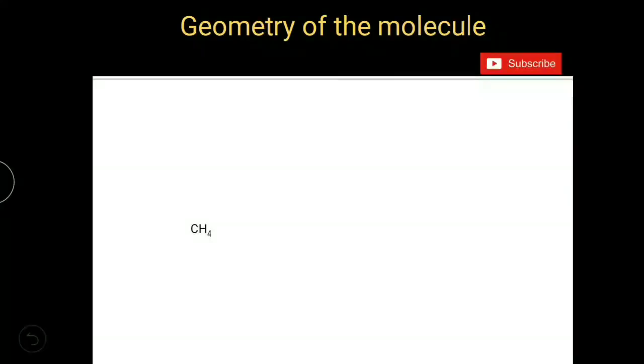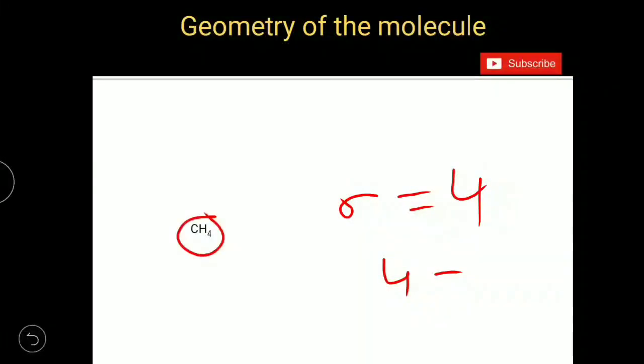And let's see the shape of methane. Carbon atom is bonded to 4 hydrogen atoms. So the number of sigma bonds equal to 4. And let us see how many lone pairs are there in the carbon atom. Valence electrons in carbon is equal to 4, and all the 4 electrons are involved in bond formation with 4 hydrogen atoms.